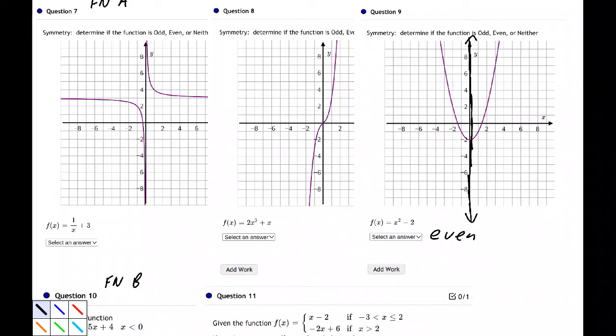Now, for odd, we need to make sure that a function is symmetric about the origin is the phrase we use. What that really means is that the first quadrant, the upper right of our grid, is the first quadrant, the upper left is the second quadrant, the lower left is the third quadrant, and the lower right is the fourth quadrant.